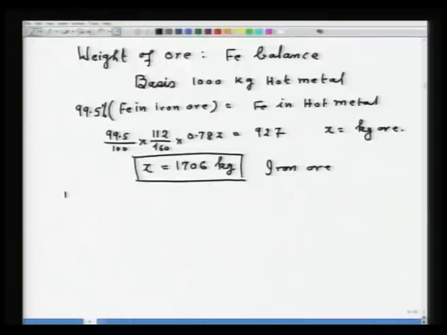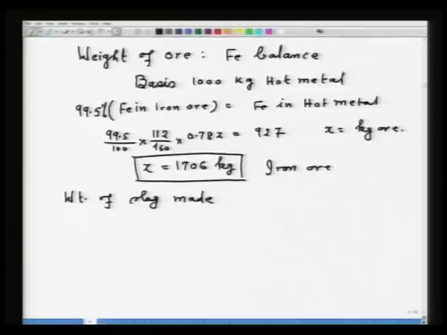Now, the next: slag is not given, so we have to calculate the weight of slag made. Here the concept is important. If you see the analysis given in the problem, the slag will consist of SiO2, Al2O3, MnO, P2O5, MgO, calcium oxide and so on.